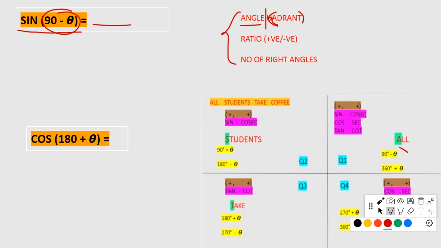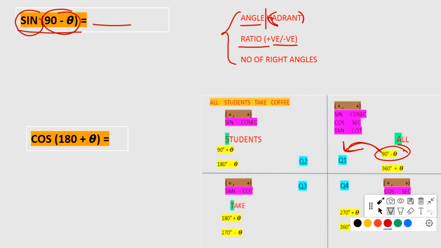First we observe which quadrant the given angle is in. Here the angle is 90 minus theta. 90 minus theta lies in the first quadrant. Okay, this is the first step. Next, ratio, positive or negative. Here the ratio is sine.